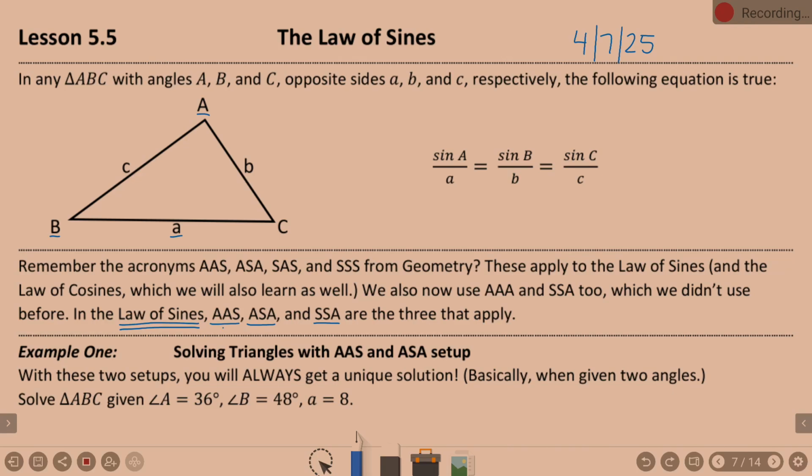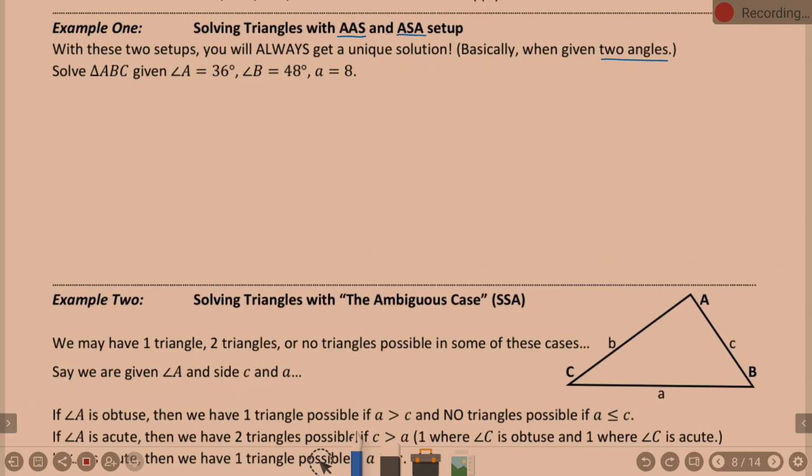So we're looking at an angle, angle, side scenario. Again, two angles are provided. Let's look at what we have and figure out what to find. Provided, angle A is 36 degrees. Angle B is 48 degrees. In terms of angles, that means we're going to have to find what?